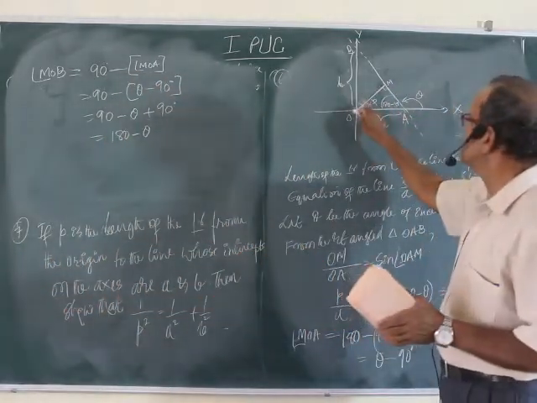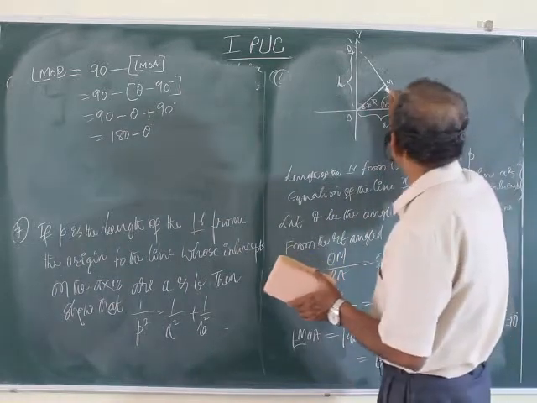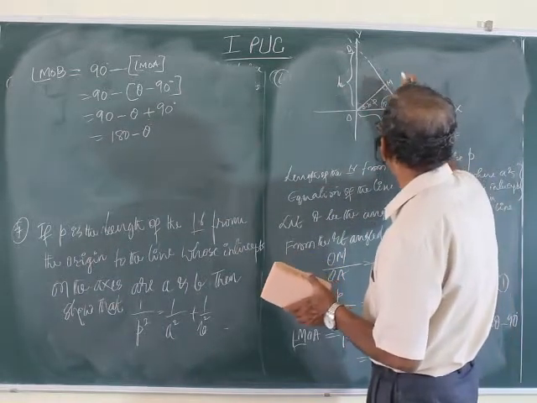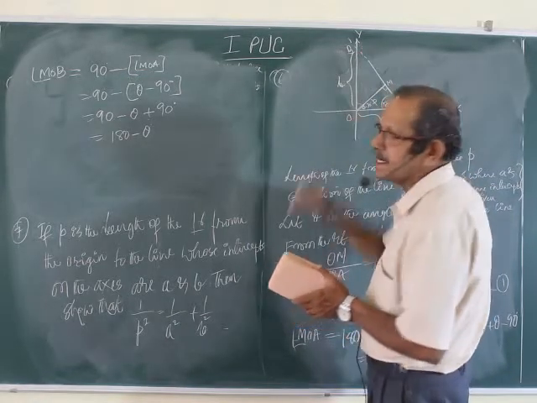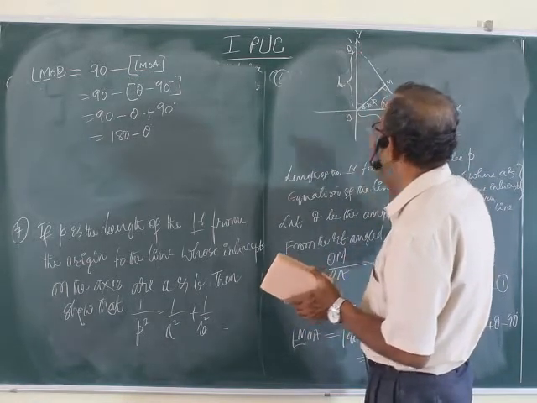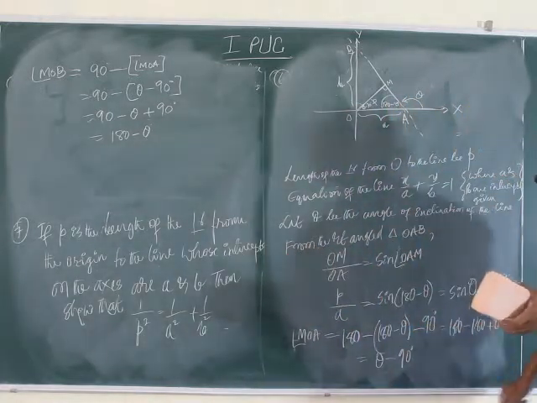Actually, this angle is the same because the triangles are similar: 90 degree, 90 degree, angle 180 minus theta. This should also be 180 minus theta because it is a complementary angle.